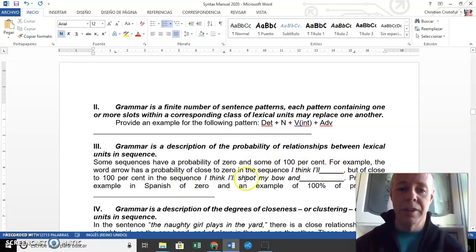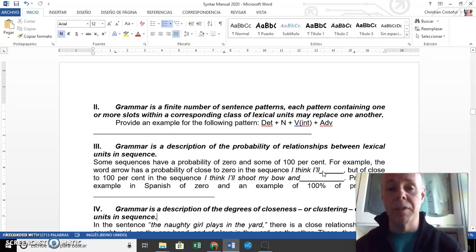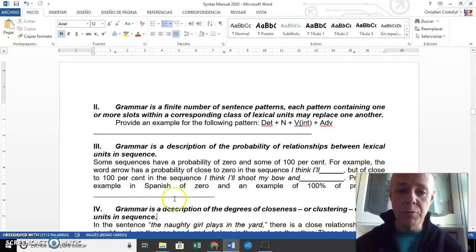For example, the word arrow has a probability of close to 0 in the sequence I think I'll arrow. Nobody says that. So the probability of saying I think I'll arrow is 0. But of close to 100% in the sequence I think I'll shoot my bow and arrow. There it makes sense. So many people would say that it's 100% probable that people will say it.